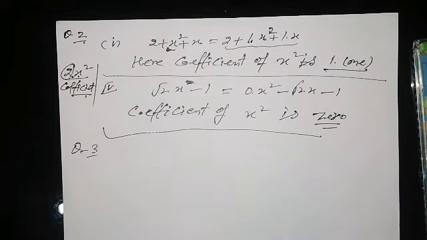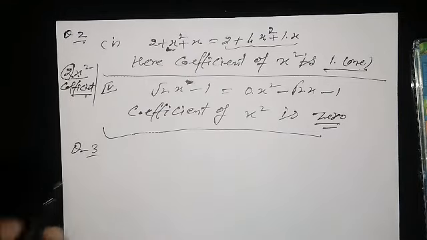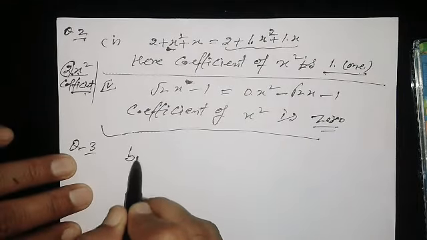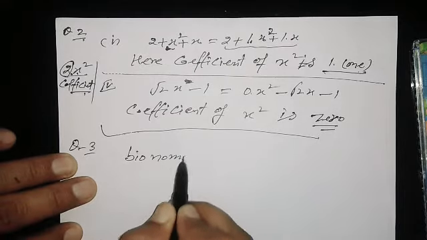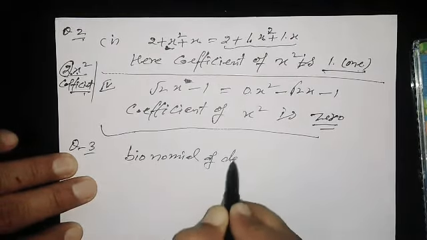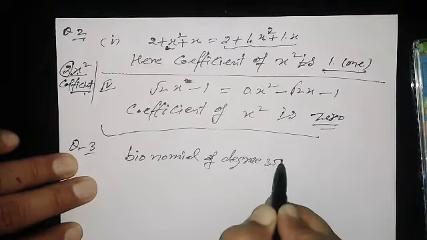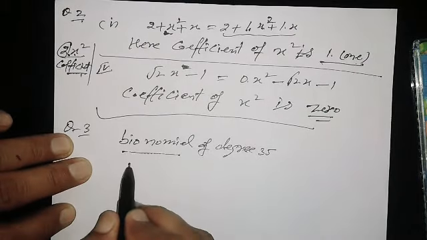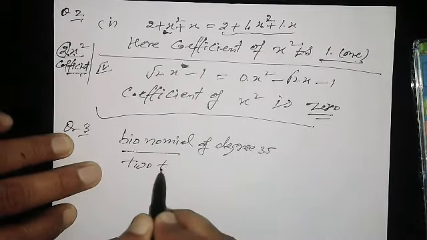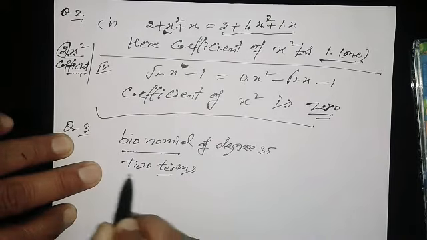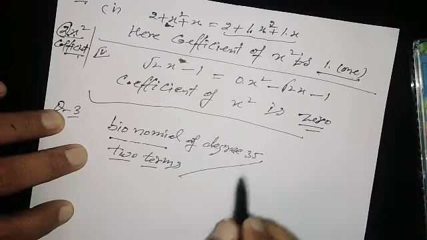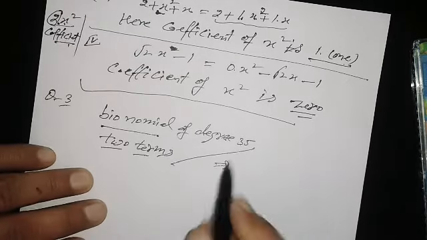Now come to question number 3. Give one example each of a binomial of degree 35 and a monomial of degree 100. Binomial of degree 35. Binomial means two terms. Okay, and degree 35 means give an example of this expression.